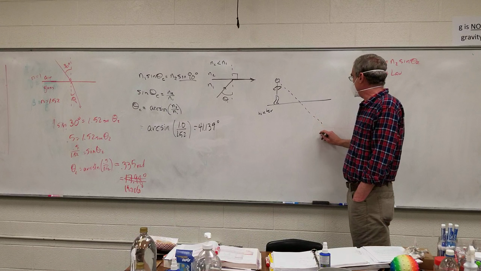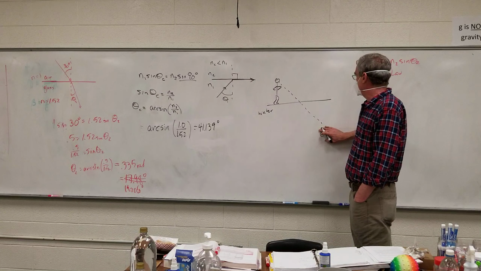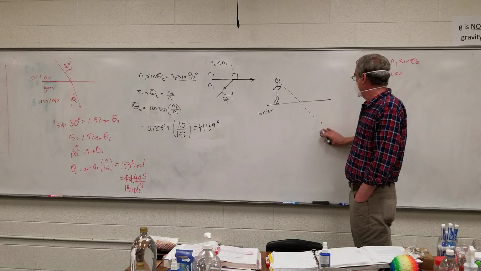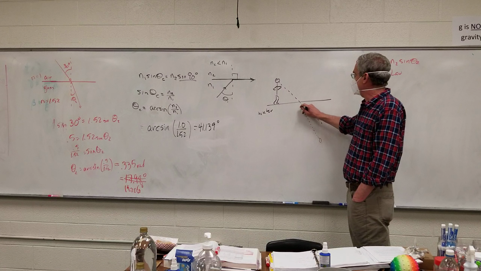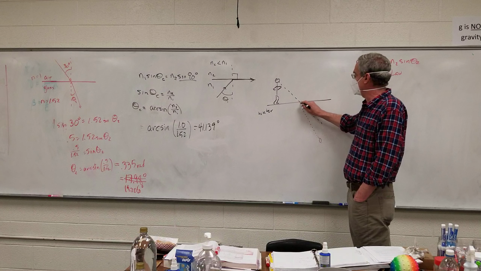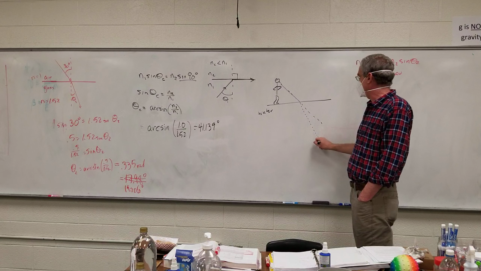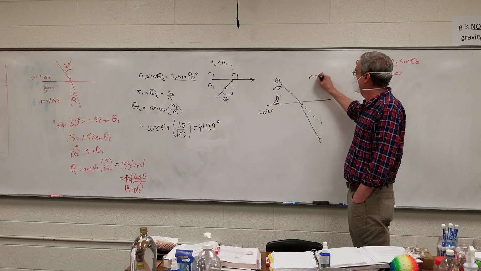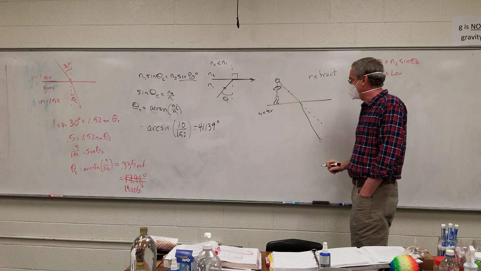Now, if I have an object here, say a fish under the water, the light that's bouncing off of it is going to hit here, and then it's going to refract into my eye.